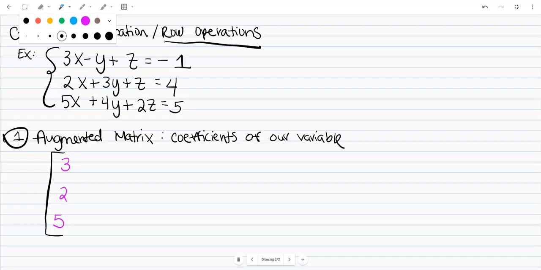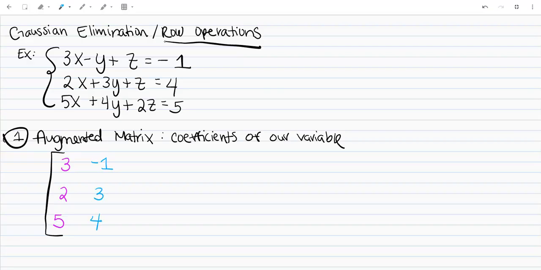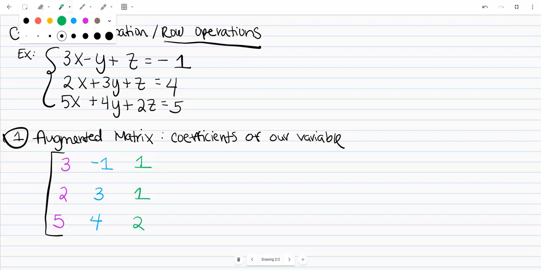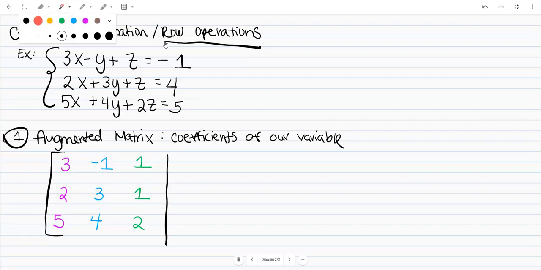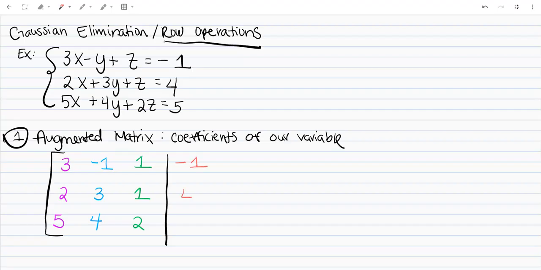For my y's, I have -1, 3, and 4. For my z's, I have +1, +1, and 2. And then for my equal sign, I replace that with a long line down the middle. And for my constants, I just write them as they are.